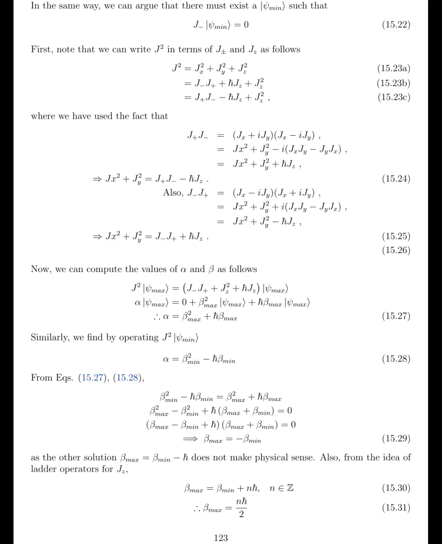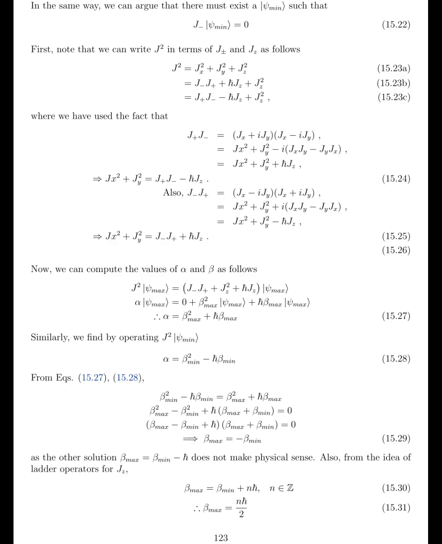So it is quite interesting to see that this is coming out in a very straightforward manner from these simple considerations. We are not doing anything terribly fancy here. We're just asking ourselves that if we want angular momentum eigenstates, what should the spectrum look like? And you immediately reach the conclusion that this spectrum will be bounded in its upper and lower values either by an integer multiple of h bar or a half integer multiple of h bar.